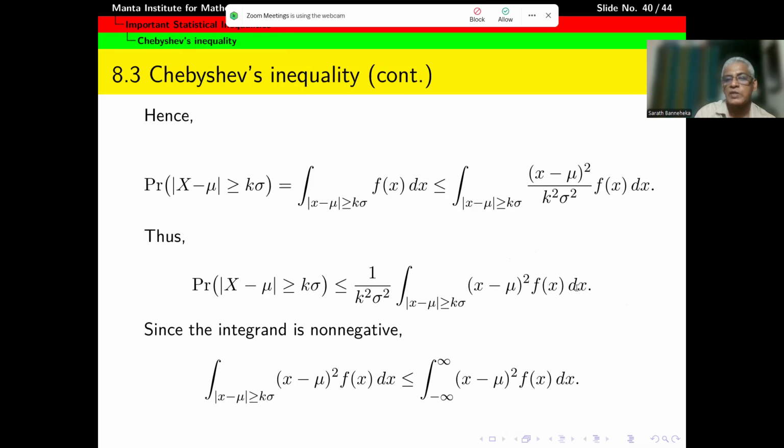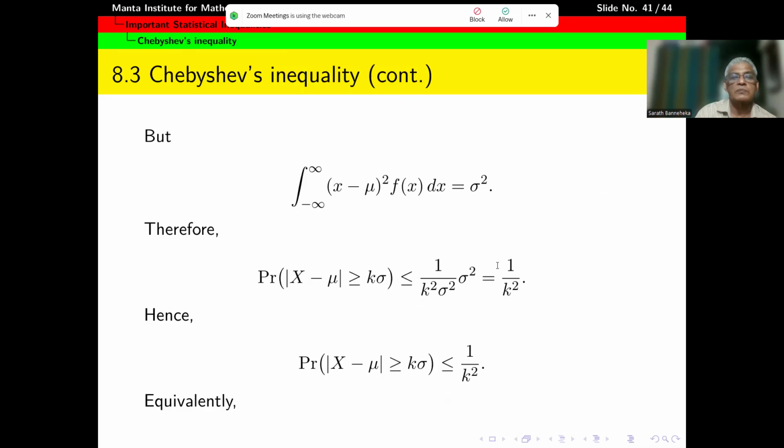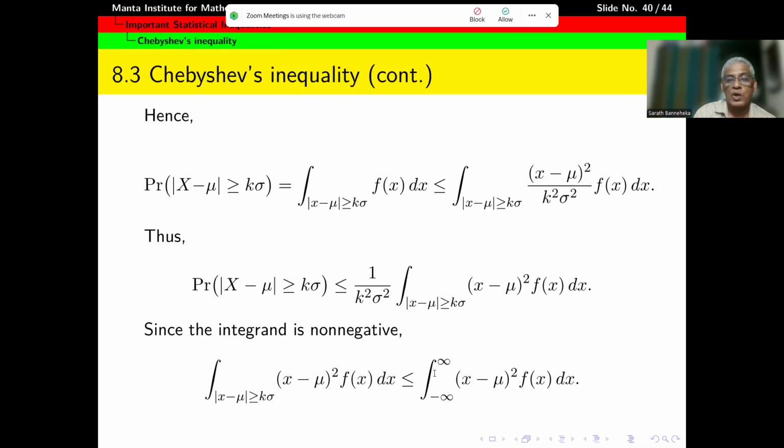Therefore, you can get an inequality for the whole thing like this, right? So the probability on the left hand side, probability |x minus mu| greater than or equal to k sigma, is less than or equal to 1 over k square sigma square times the integration from minus infinity to plus infinity of (x minus mu) square fx dx.